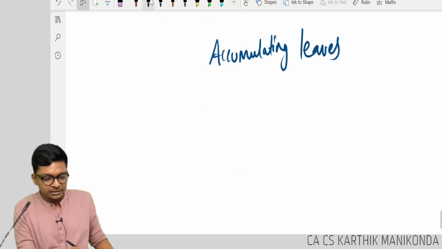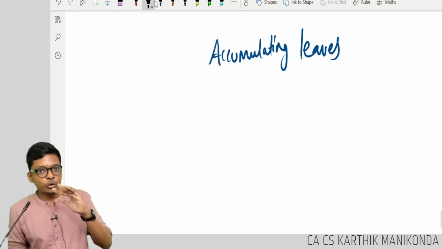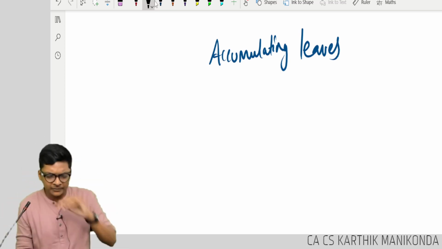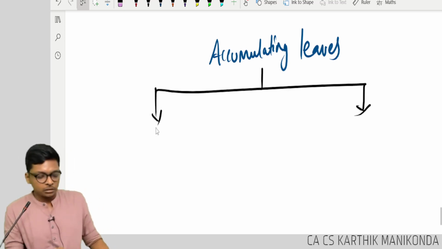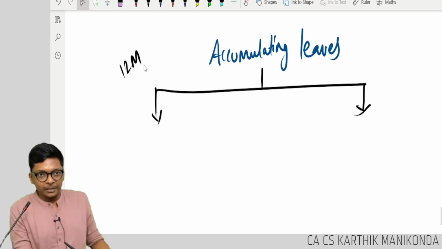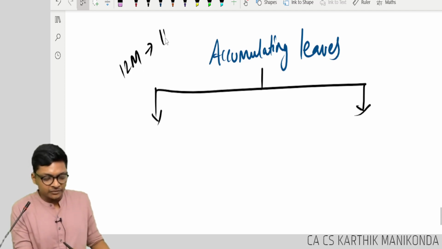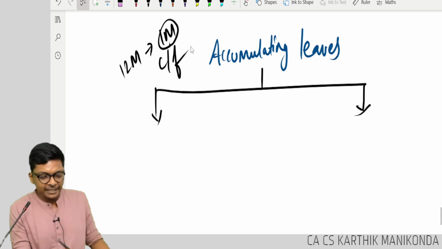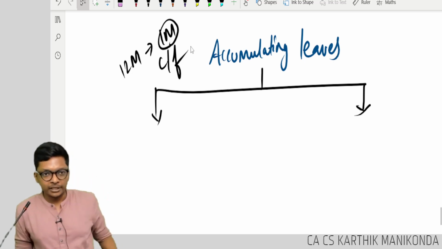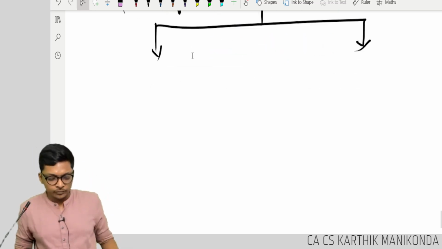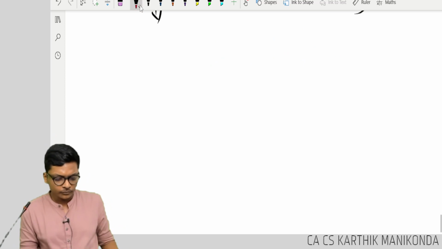Guys, follow. If you understand this, we have crossed the first speed breaker in this standard. Accumulating leaves means what? 12 months work, 1 month leave, which can be carried forward to the next year. Let's take a scenario to understand this.